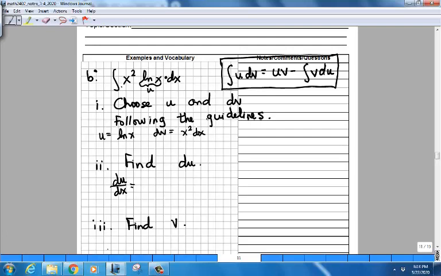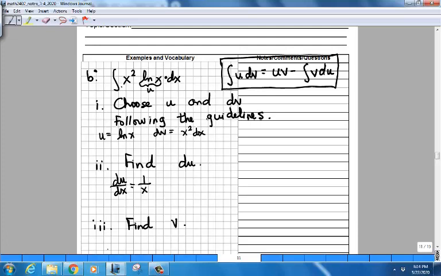When you differentiate natural log of x, that's easy to differentiate. You just get 1 over x. And I think most people would say 1 over x is a simpler expression than natural log of x. So we sort of met the guidelines here, right? The derivative of u is easier than the original expression u.